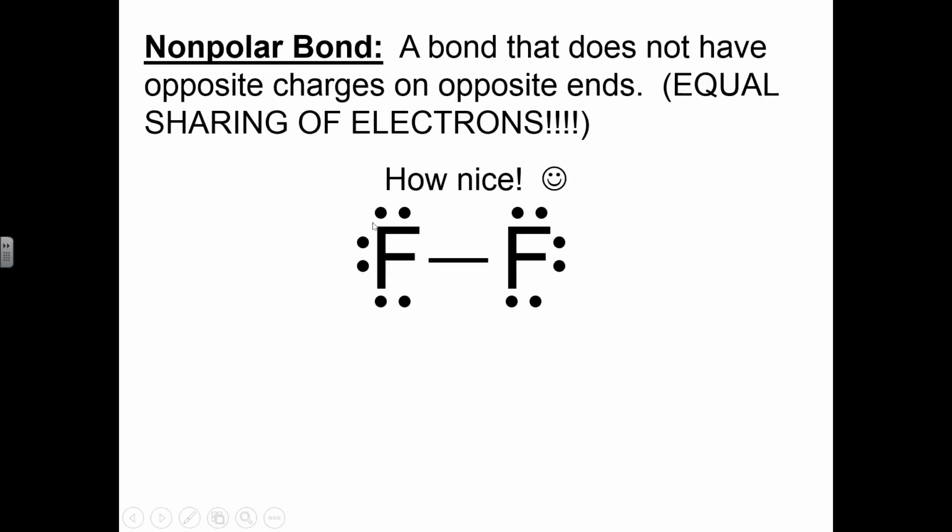A nonpolar bond is when you have a perfect equal sharing of electrons. So maybe it's a tie, like a fluorine and a fluorine, or maybe you've got 2 atoms that just have very similar electronegativities. They don't have to be exactly equal, but one isn't very much higher than the other.